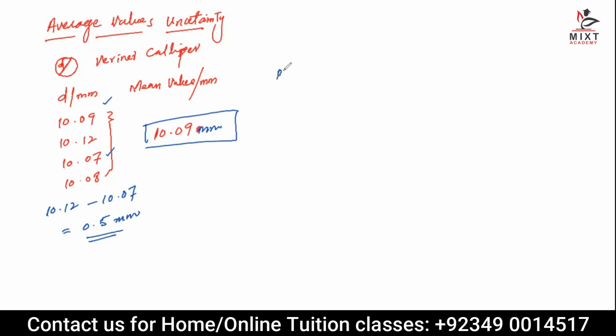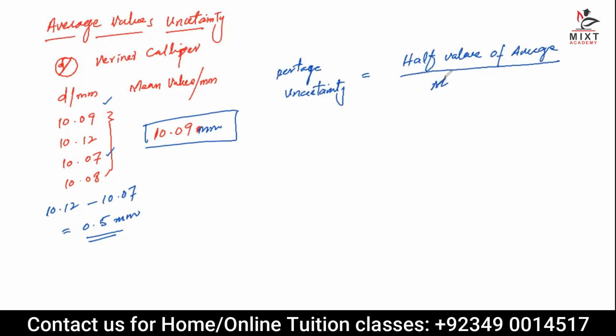So the percentage uncertainty formula is half value of the range divided by mean value times 100%. Now, what is my value? That is 0.05.